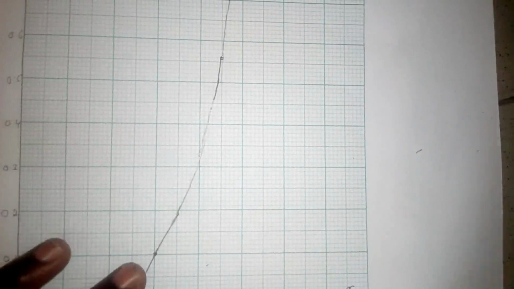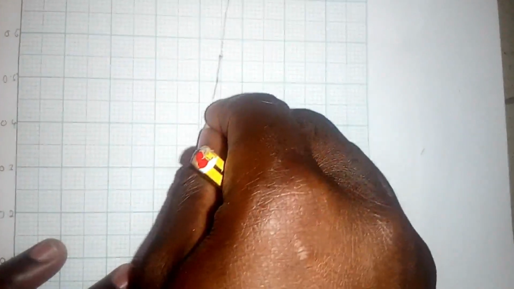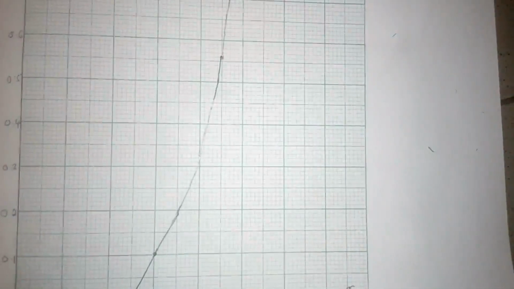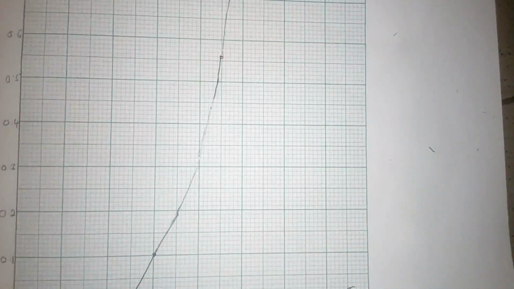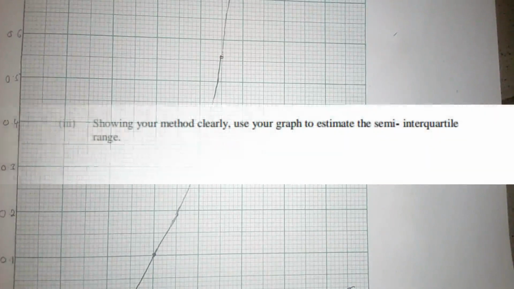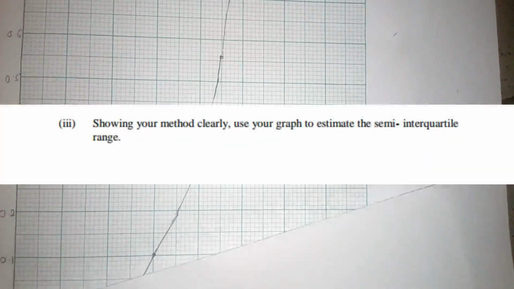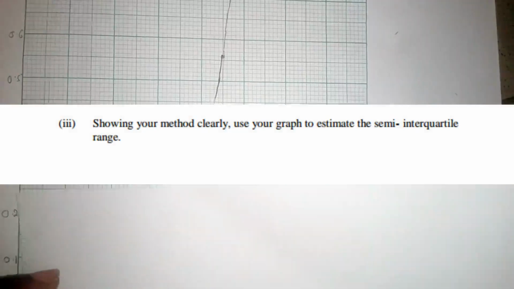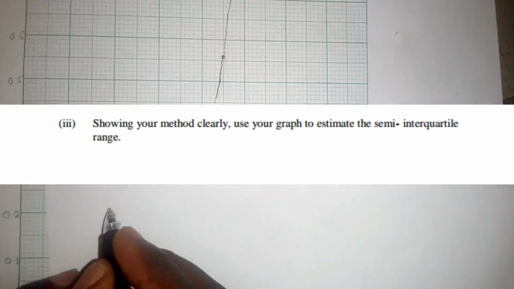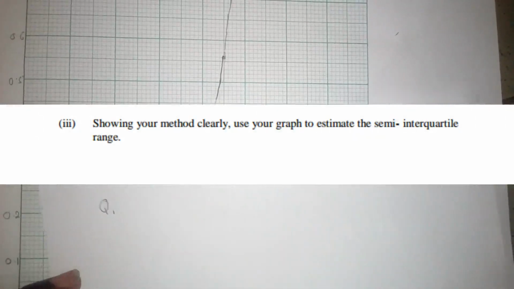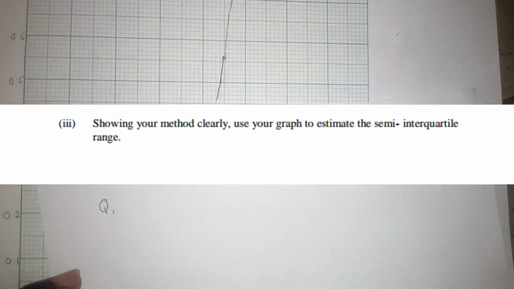So the next question is, we find the semi-interquartile range. So for semi-interquartile range, I showed you, you need to find the first quartile 1 and quartile 3.